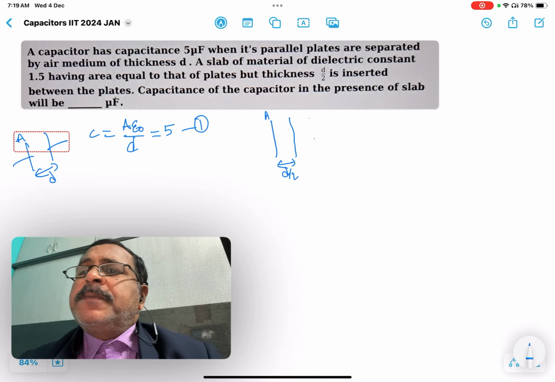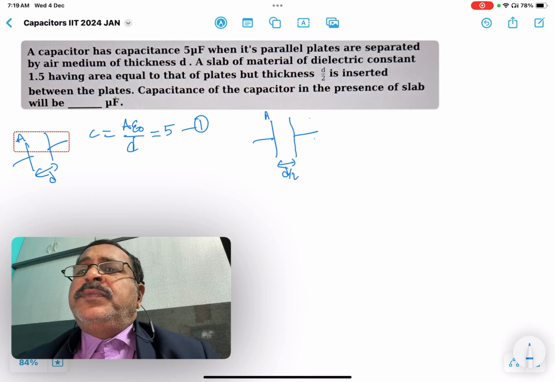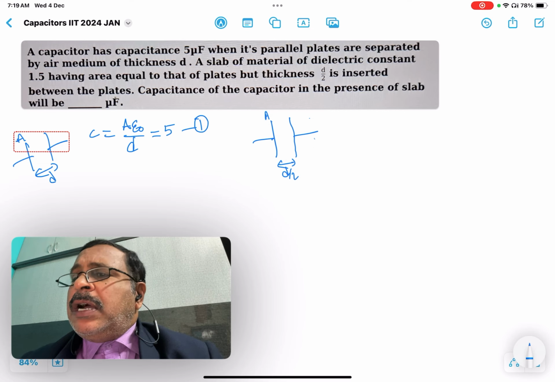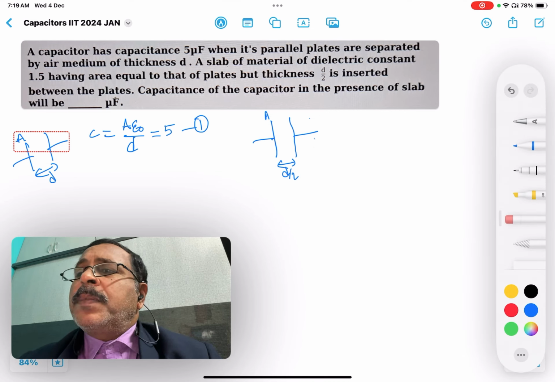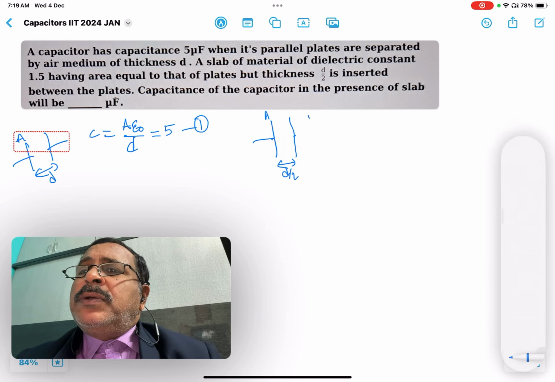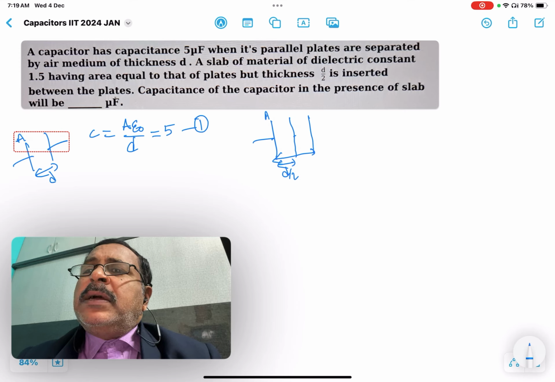Recognize this point. Okay. But at the same time, thickness, actually this is the, let's just wait. So this is actually a distance between the plates, but this much of dielectric medium is introduced here.